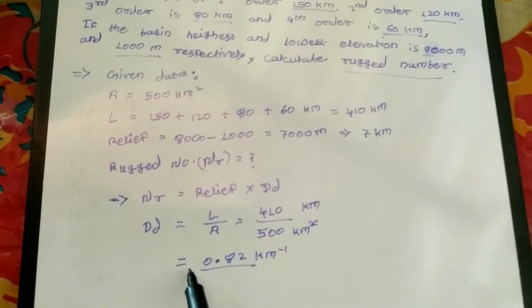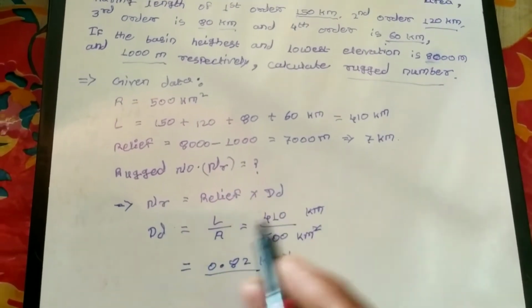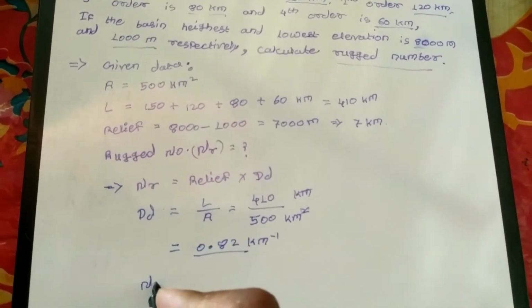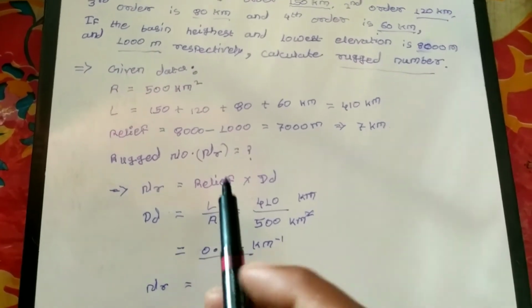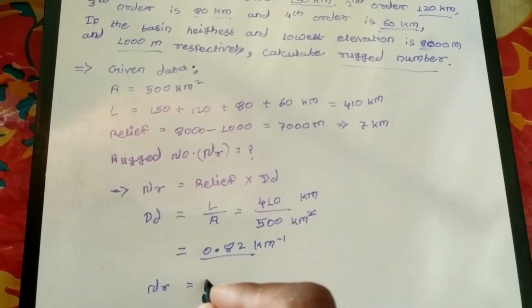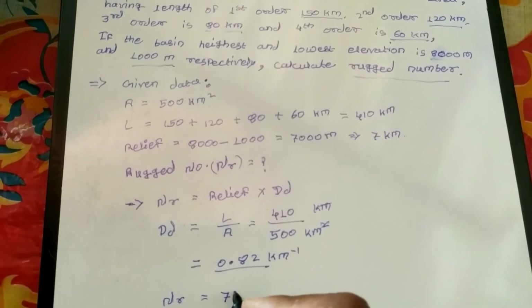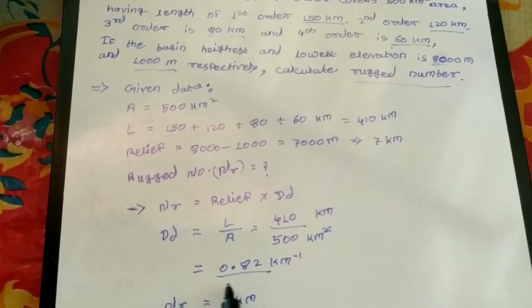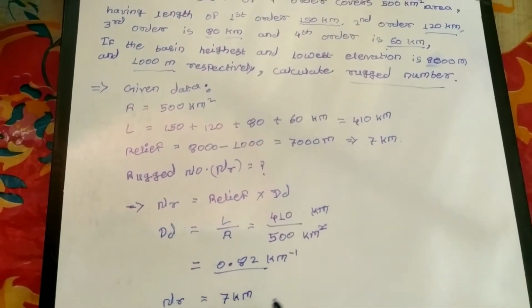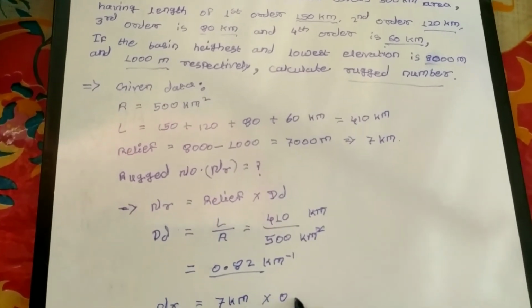And we have to calculate the rugged number, so we put drainage density in this formula. Rugged number equals relief, 7 kilometer, and then drainage density, 0.82 kilometer inverse.